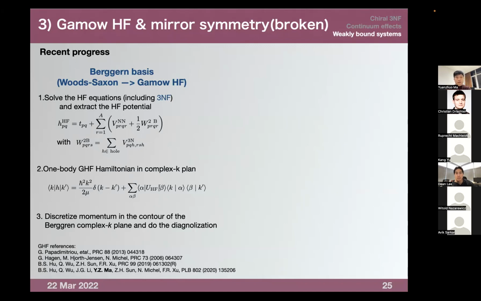At last, we need to diagonalize this Gamow HF one-body potential and get the Berggren basis. One obvious benefit is that this method can get rid of the dependence on Woods-Saxon parameters. Also, the three-nucleon force can be included naturally when we build the HF potentials.